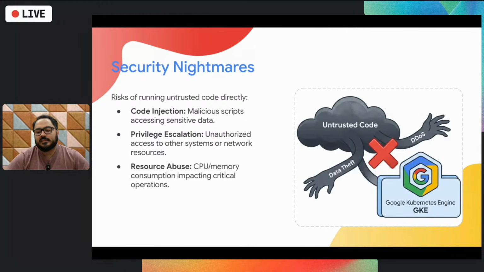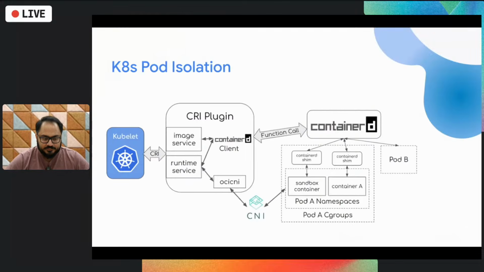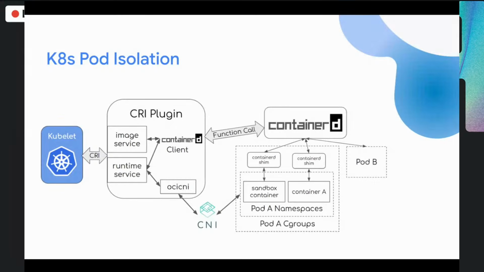So these are all the different things that can happen. Kubernetes does have some mechanism to help with this, right? Kubernetes runs something called pods, which internally are containers. Containers have a fairly good resource boundary with cgroups and namespaces. But the problem, as I just mentioned a few seconds ago, is the same as when you are trying to execute code.